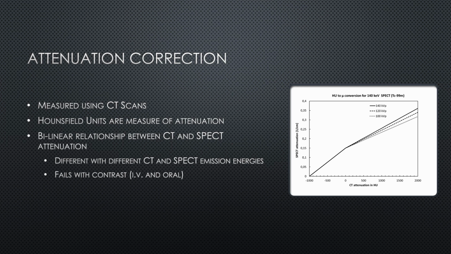Most manufacturers, though, do have a system where you can correct or deal with this accumulation of contrast and make the appropriate attenuation correction. But these need to be selected manually. And what then happens is that the attenuation information from the CT, translated into SPECT energies, is then incorporated into the iterative reconstruction.